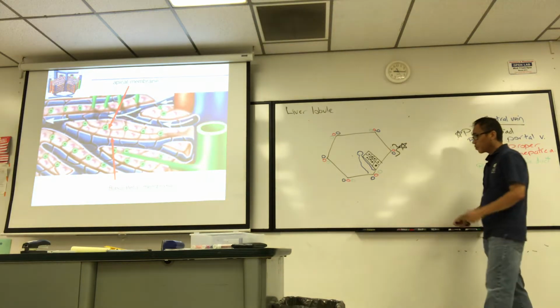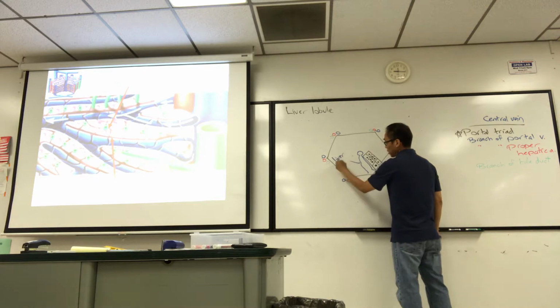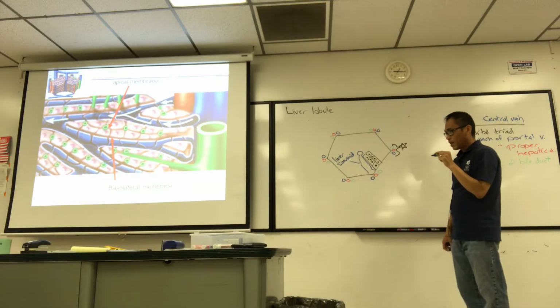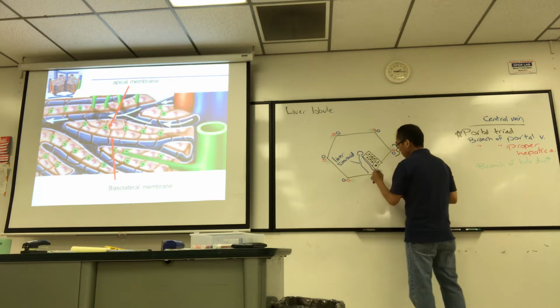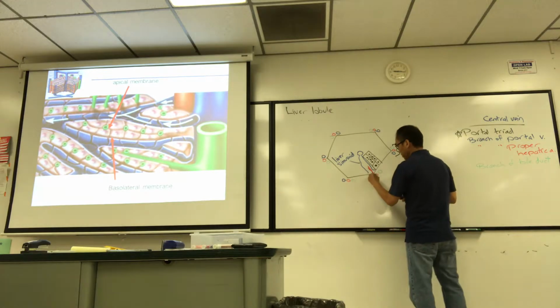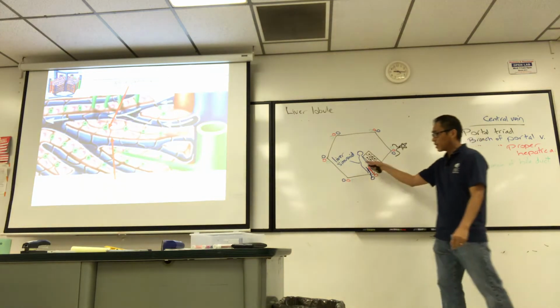So that sinusoidal blood, called this liver sinusoid, it will be a mix of portal blood and oxygen-rich blood. So you're going to get blood that flows in there, that's oxygen-rich, and blood that flows from the portal vein into it.